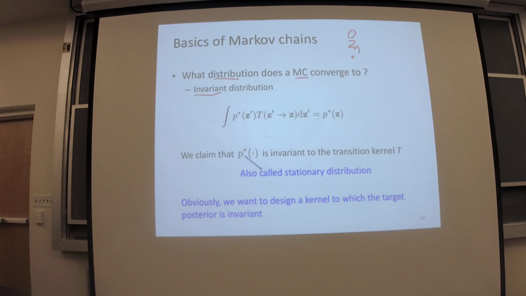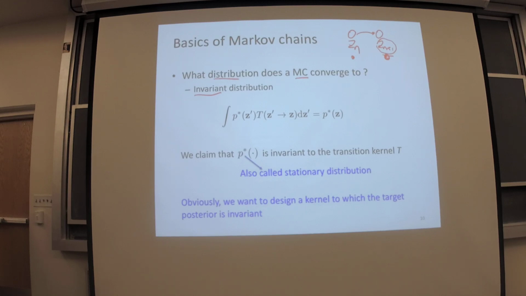Then I jump to the next state, and the distribution of this next random variable does not change. It remains the same as the distribution of the previous state. Then we say this Markov chain converges, and this distribution is called the invariant distribution. Why? Because when I jump into the next state, the marginal distribution does not change. That's why it's called an invariant distribution or stationary distribution.